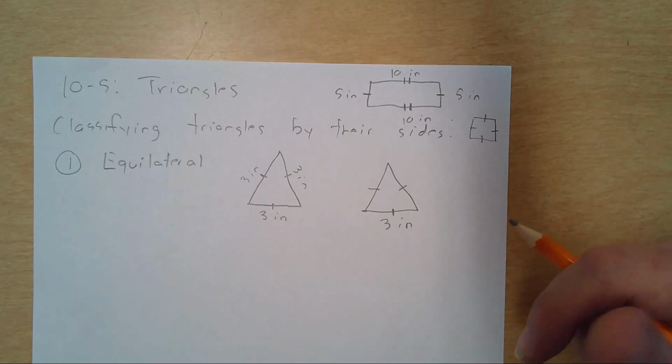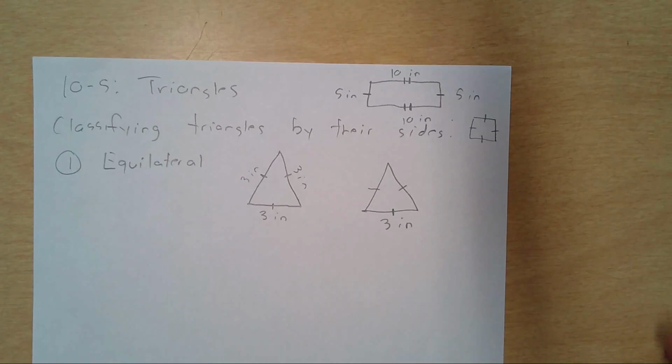But anything that has the two lines, they're all the same measurement, and so on and so forth. There's really no limit to how many lines there can be, but honestly, up through 8th grade, you'll never see anything that has more than 3 lines in it. Even in high school, that would be a little much.